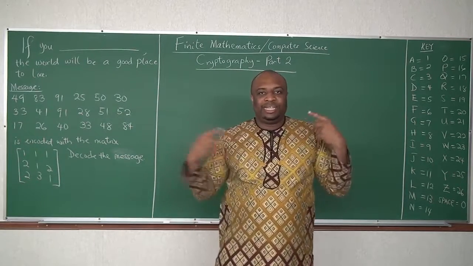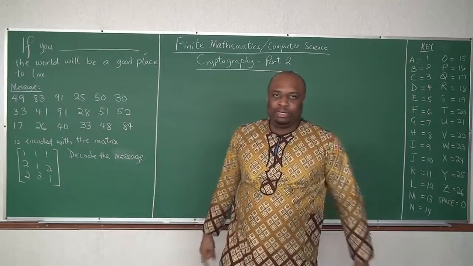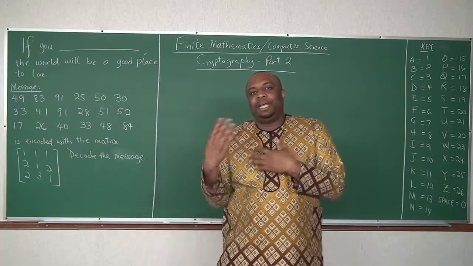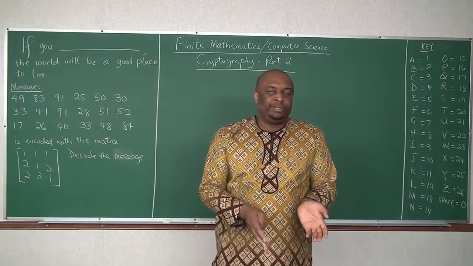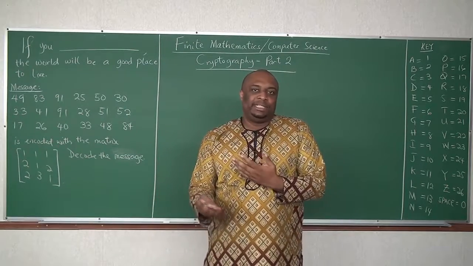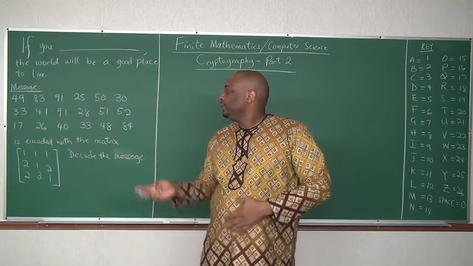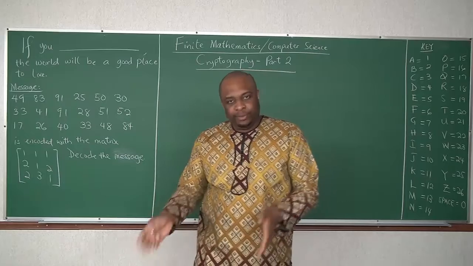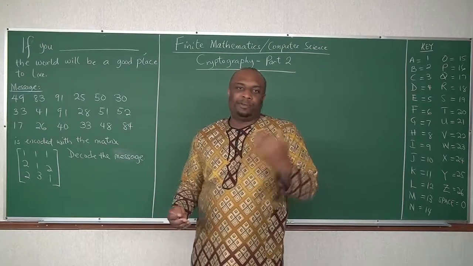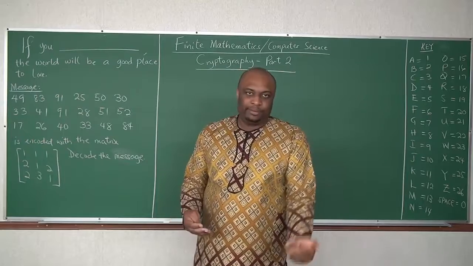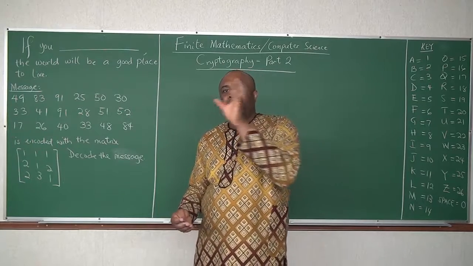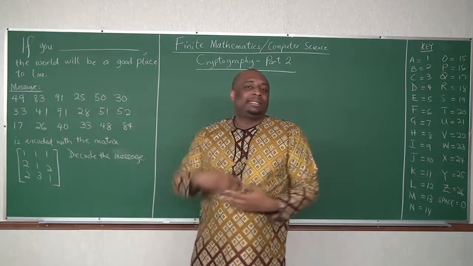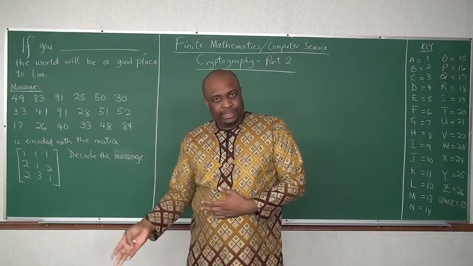In Part 1 we used a 2x2 matrix as our encoding matrix. If the encoding matrix is a 2x2 matrix, then the message will be written as a 2x2 matrix.